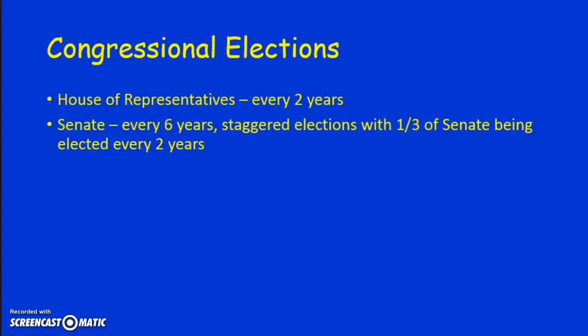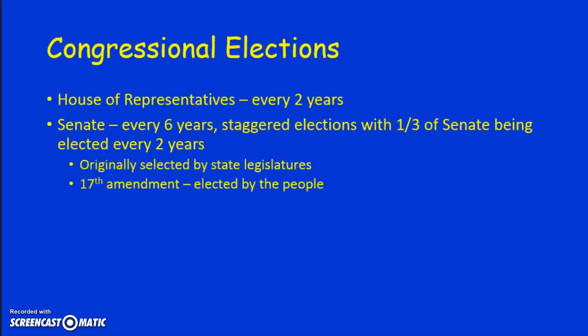Ask me if you want me to draw that. Originally, the Senate was elected by our state legislatures because they really weren't sure about trusting the citizens with making that choice. And now, after the 17th Amendment was passed, we do elect our senators directly. So you and I can go to the ballot box and vote for our senators.